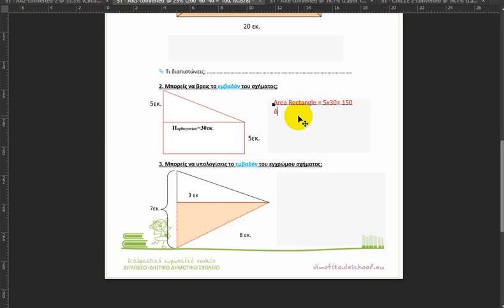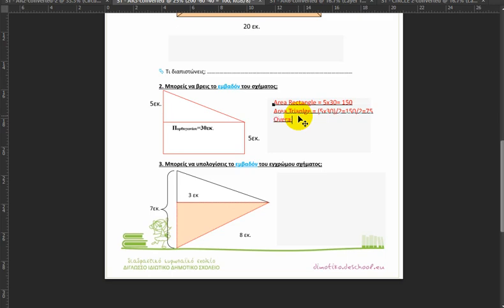Next up, we want the area of the triangle. The area of the triangle is going to be 5 times 30. Let's actually write that in parentheses, 5 times 30 divided by 2. So that would be 150 divided by 2, which gives me 75.